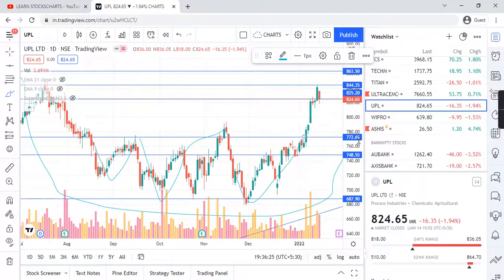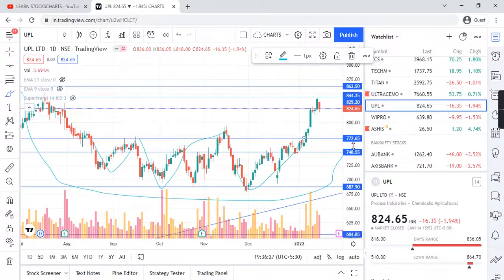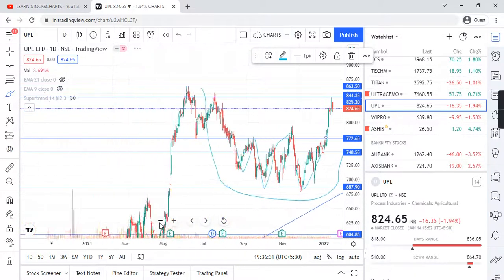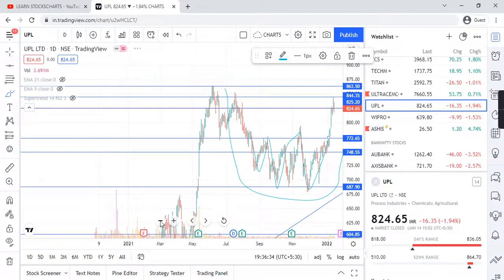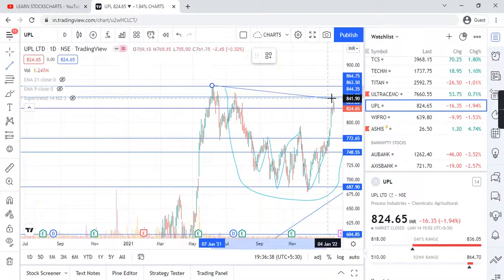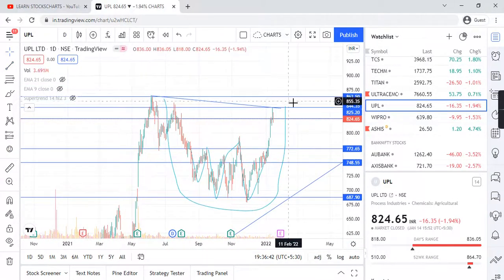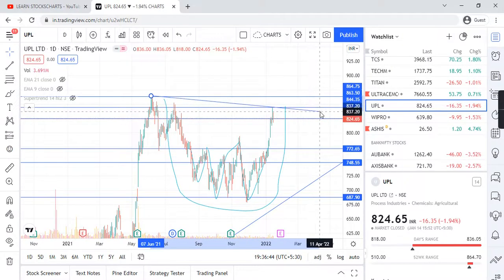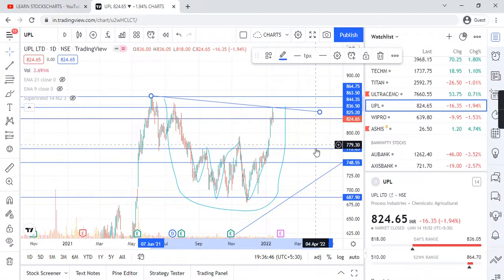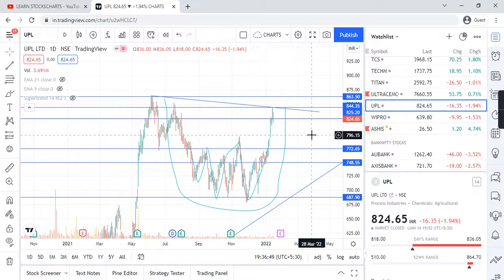After that the movement is upside. Now it is taking the resistance. So the chances are, if I can say, the upside chances are there, and on the upper side there is a trend line, this one.